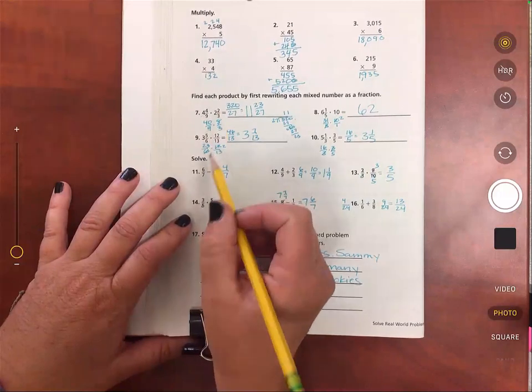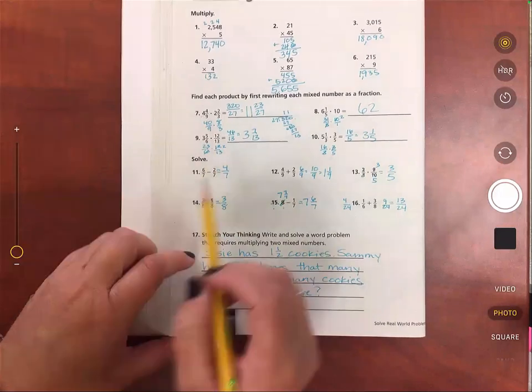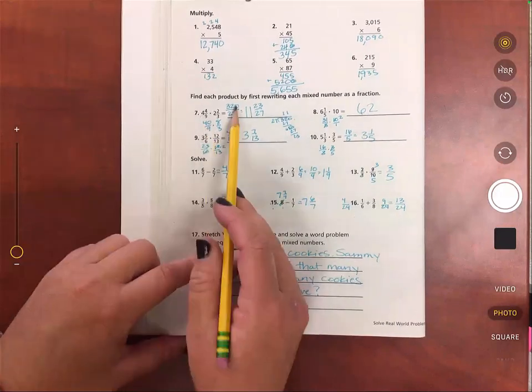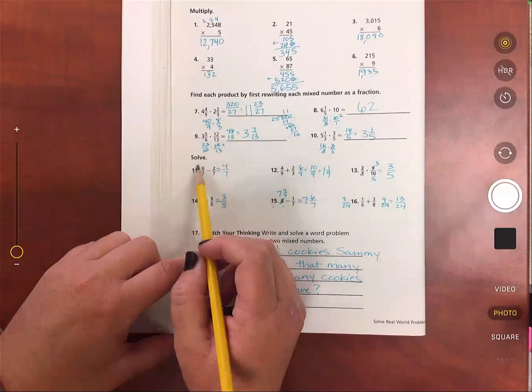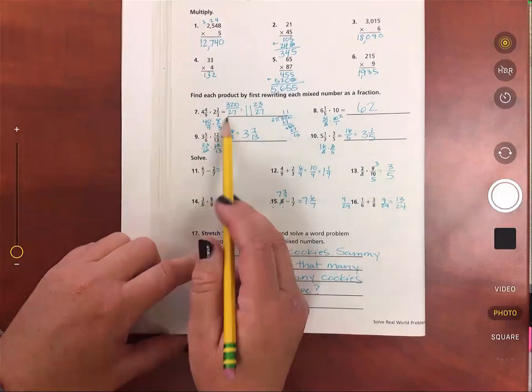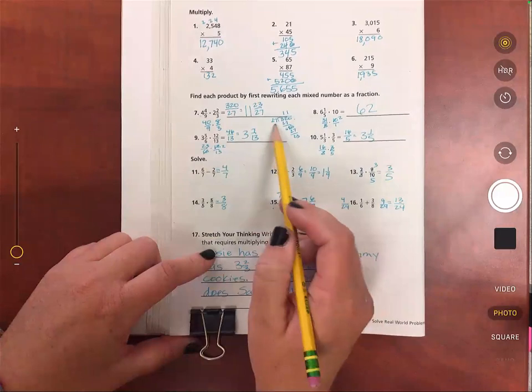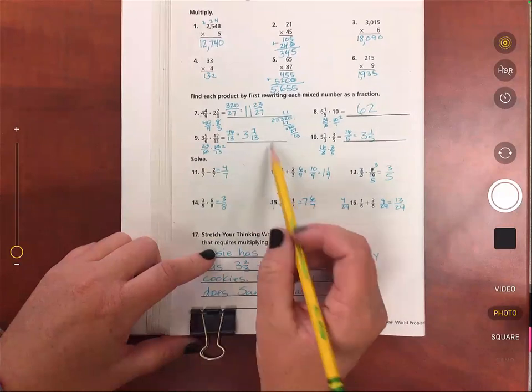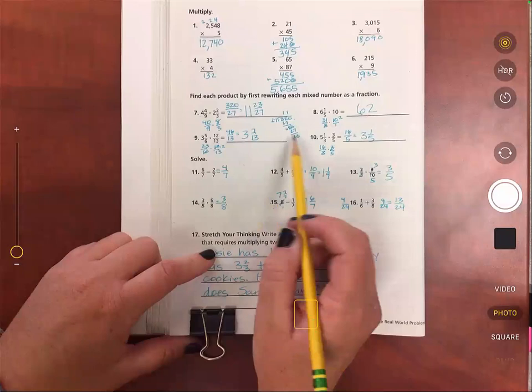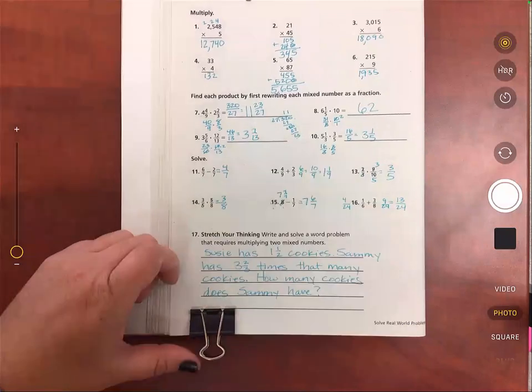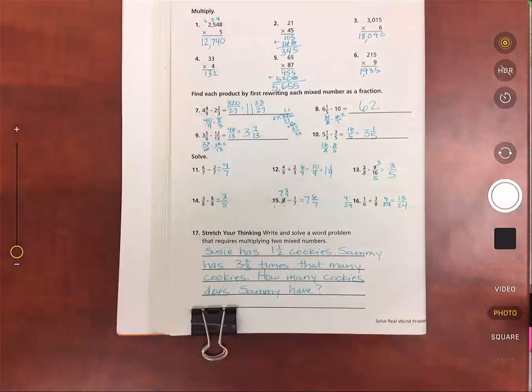Keep my same denominator. And then I have 40 times 8, which is 320. This one was a big, ugly one. 9 times 3 is 27. And then I did my division over here. 27 goes into 320 eleven times with 23 left over and a denominator of 27. Okay, that one was big and ugly.